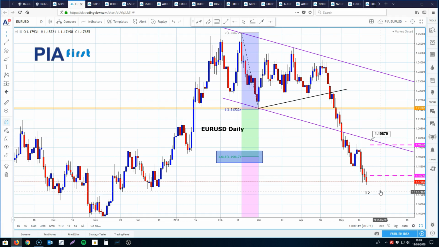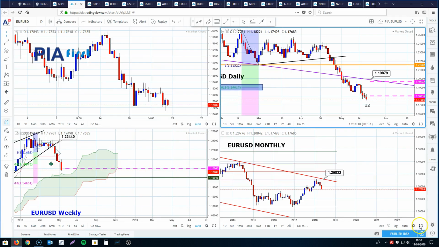To the upside, we've got short-term resistance located at 118, the figure, and then if we break there, we've got bespoke resistance that's located at 119.61, and that's obviously very close to this reverse trend line. So these are going to be the levels that we're looking at initially going into next week.